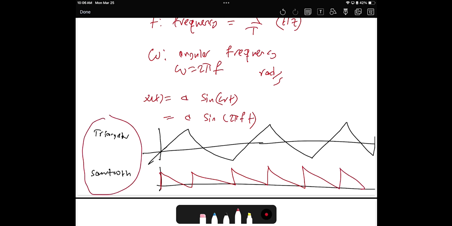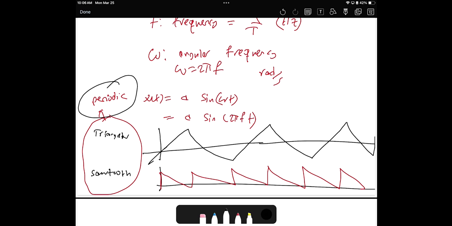Those are periodic. And they have their own frequency and their own period, but keep in mind this might not be the same as what we see in the sinusoidal. Okay? So we know this. Here is just a quick reminder about the periodic signal.